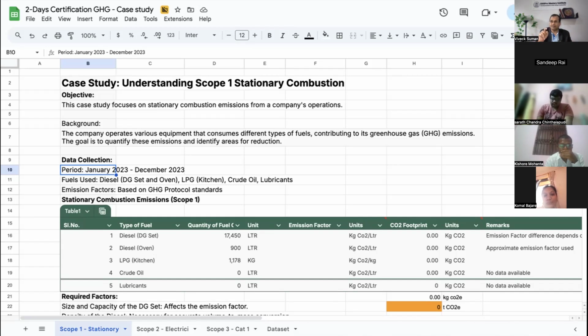Every emission factor coming from different sources, be it the Environmental Protection Agency of the United States of America, DEFRA of the United Kingdom, CEA of India, every one of those which we are talking about has an expiry date. So if you are using activity data for January 2023 to December 2023 and you are using a 2025 emission factor, a mistake is done. That's one of the biggest mistakes.